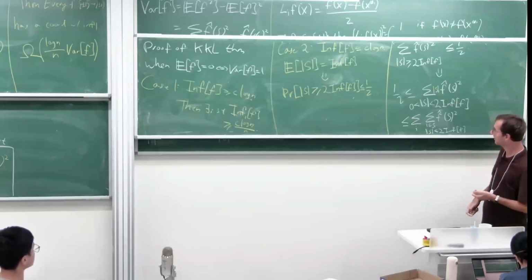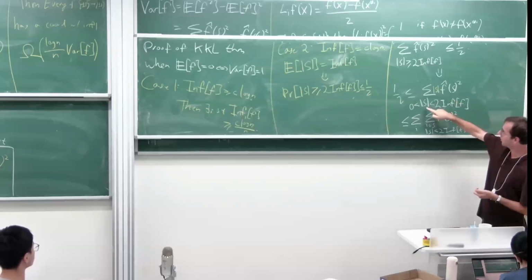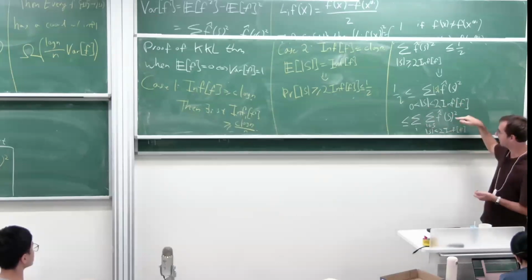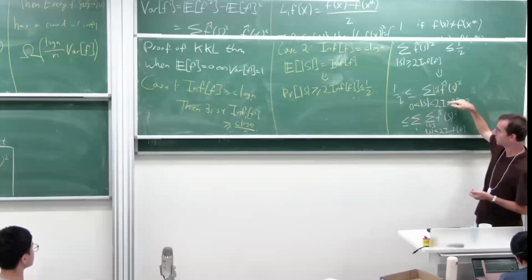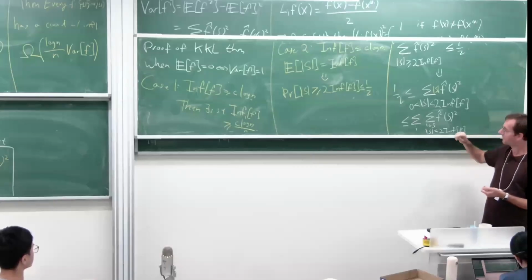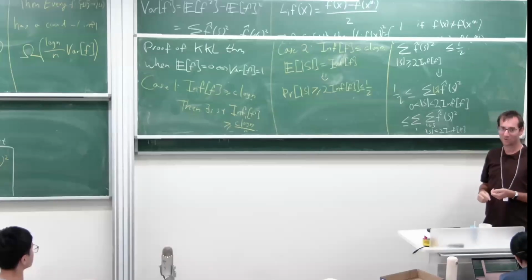Stated differently, because I'm summing here over only non-empty S, for each S I can find some index i which is contained in it. So this double sum will account for everything here. It may not be so clear why I would do such a thing, but we'll see in a moment that this is a good idea.